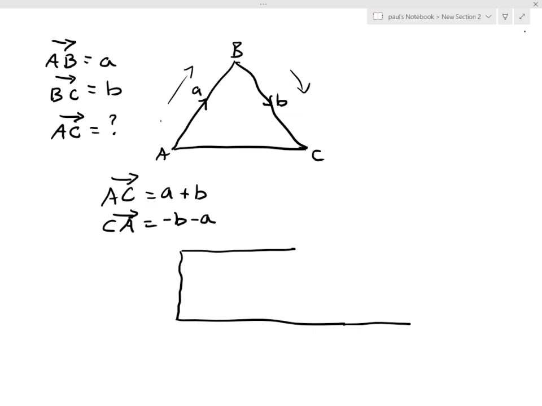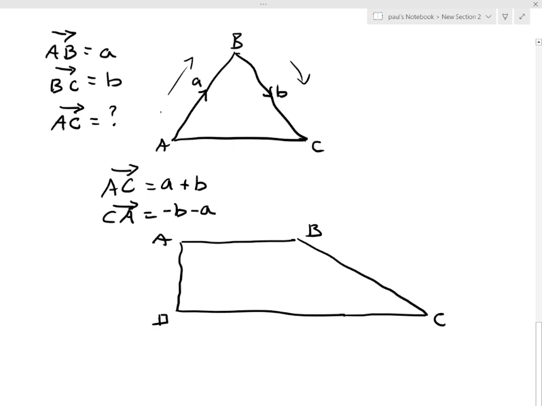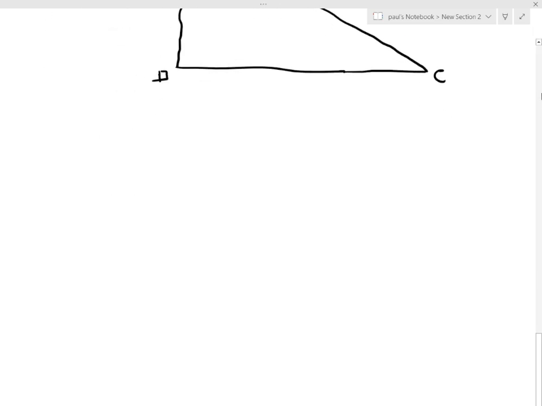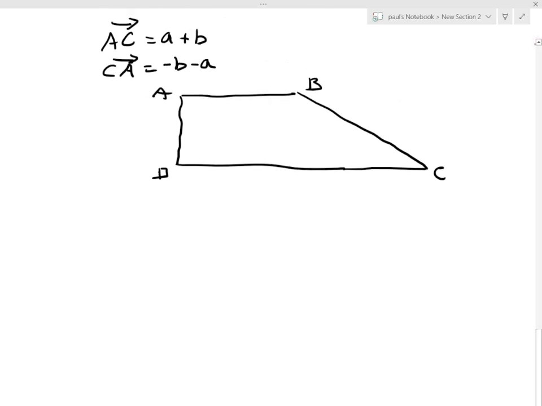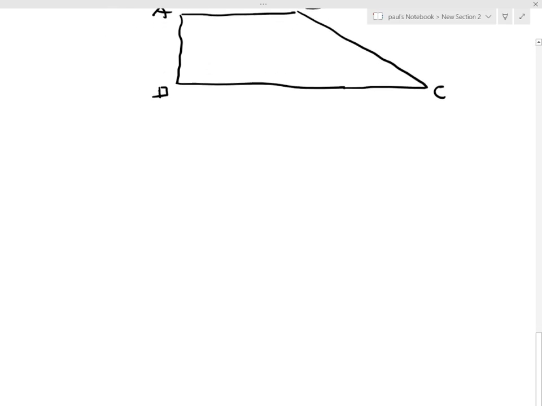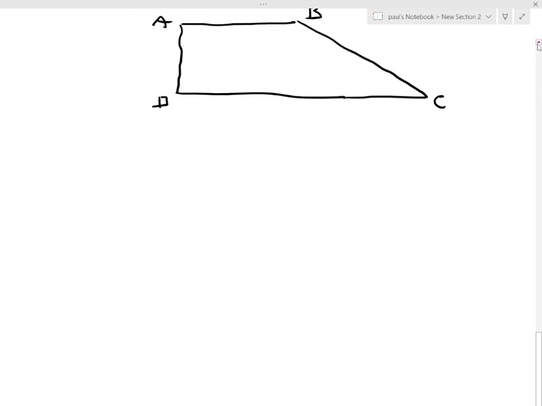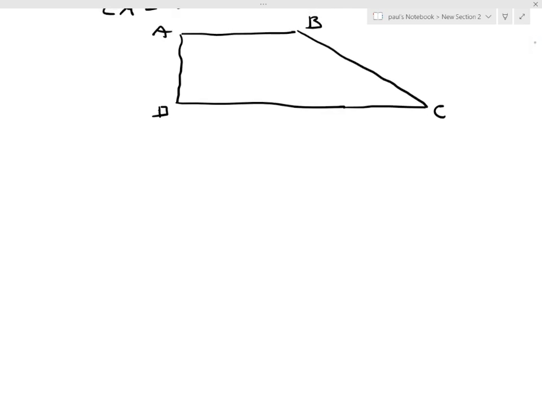Right, so here's a trapezium. Now, the bottom of the trapezium is twice as long as the top, so let's label it up A, B, C, D, and move it up a little bit for us so we don't get confused with that. Okay, so let's do some information.